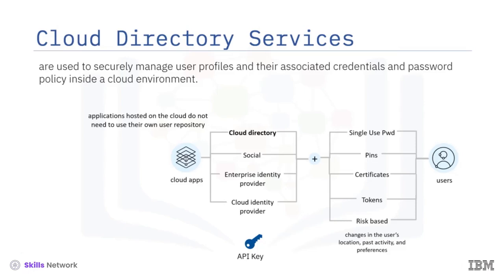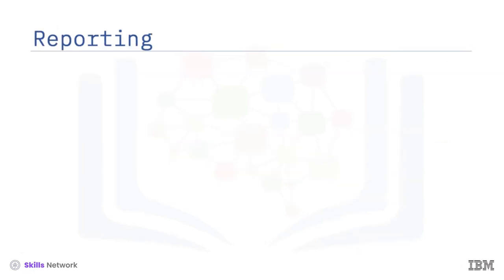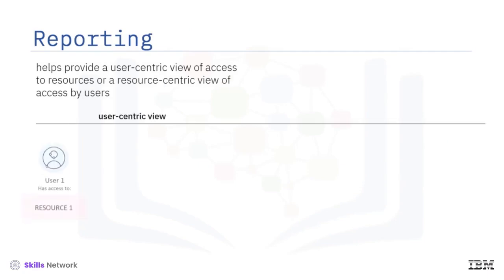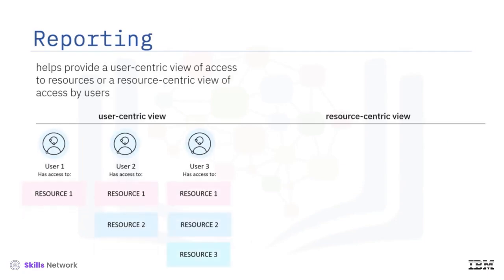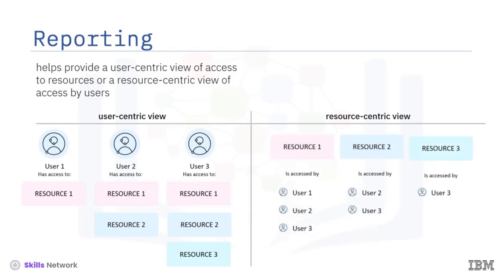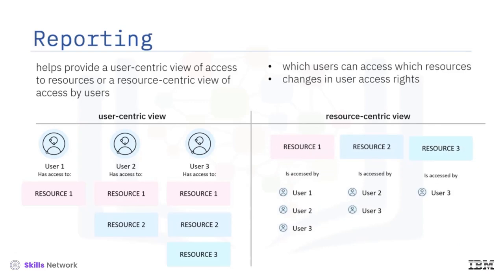own user repository. Reporting helps provide a user-centric view of access to resources or a resource-centric view of access by users. Reports typically give information about which users have access to which resources, which users have changes in access rights, which access is being exploited by each user, and under which conditions.